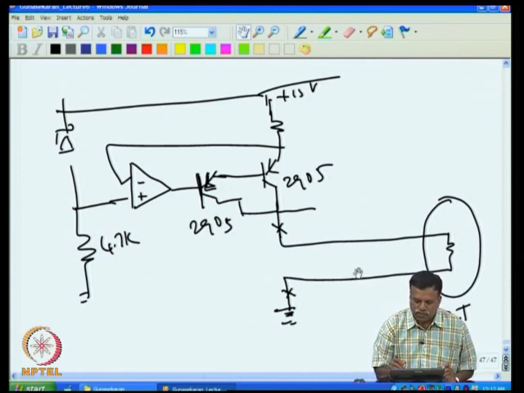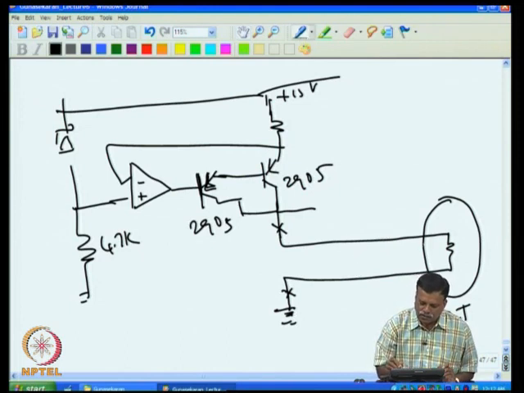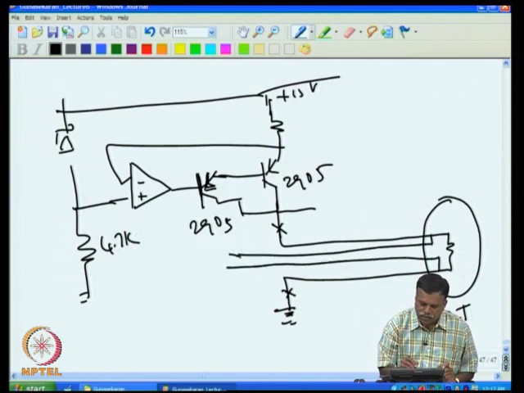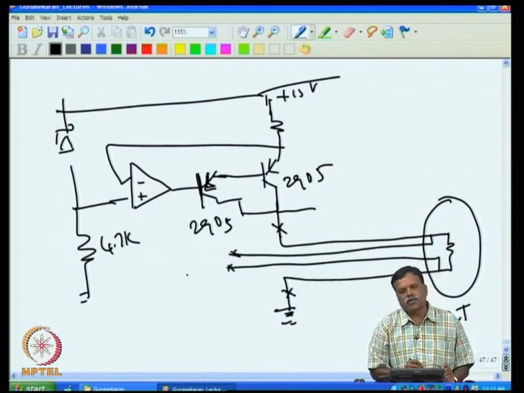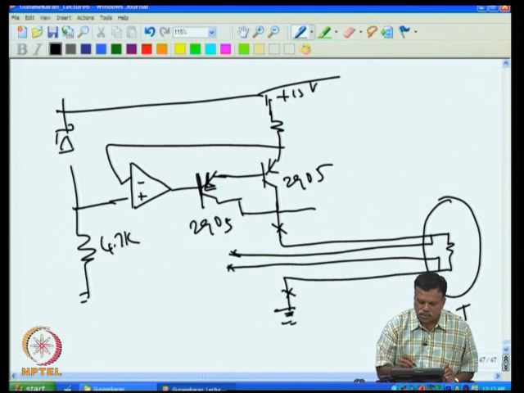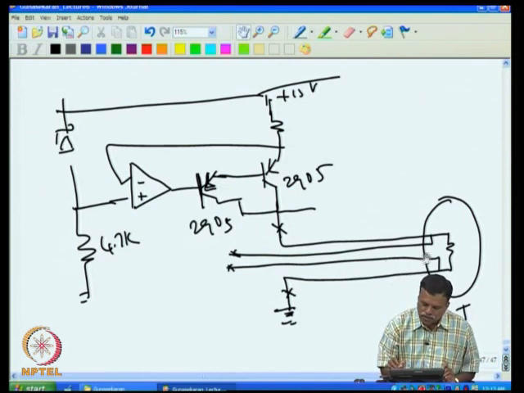So to make the measurements, what you do is we will make two more wires. We take one wire from here, one wire from here, and we will take the voltage across this. We measure this voltage with a high impedance amplifier, so that there is no current through these leads which are carrying the voltage.